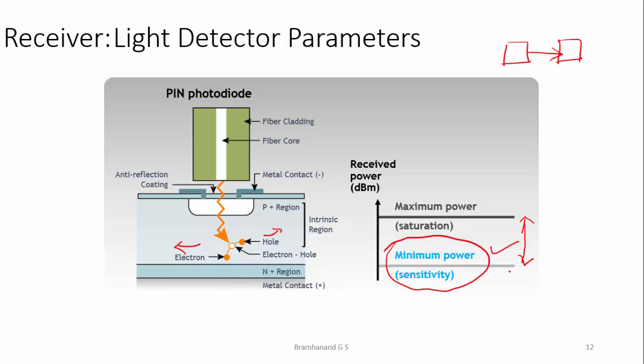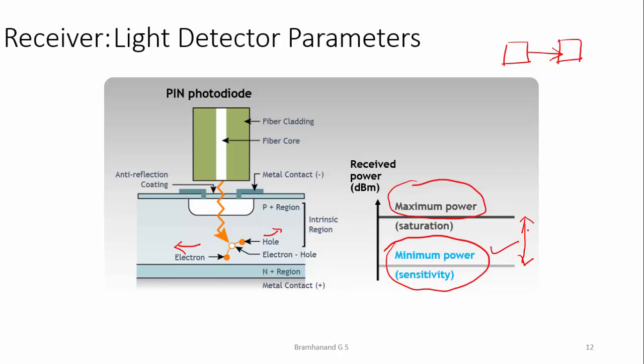If the power is less than the minimum power required by the photodiode, that is called the receiver sensitivity. So the power should be more than the receiver sensitivity. If the power received by the photodiode is more than the saturation power, then the photodiode would be damaged.